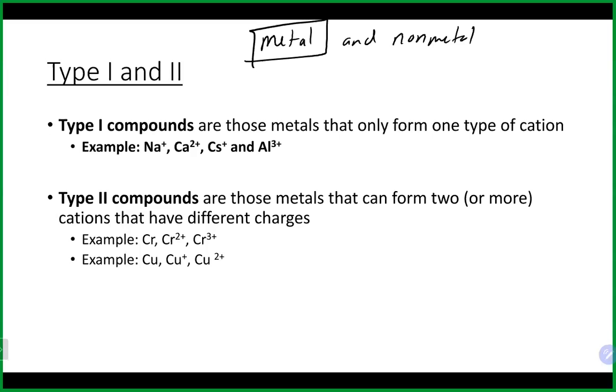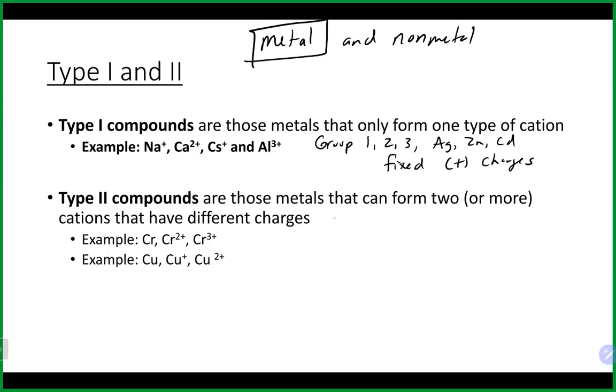And when we have a type 1 compound, that's going to be guys from basically group 1, 2, 3, silver, zinc, or cadmium. They all have fixed positive charges. Now, type 2 compounds are going to be ones where the metal has a varied positive charge.